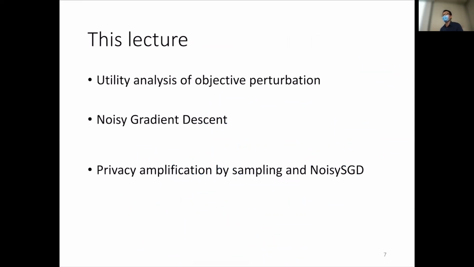And the utility analysis will also reveal some limitations of this family of approaches in working directly with the optimal solution and then trying to deal with the optimality condition and try to prove things.